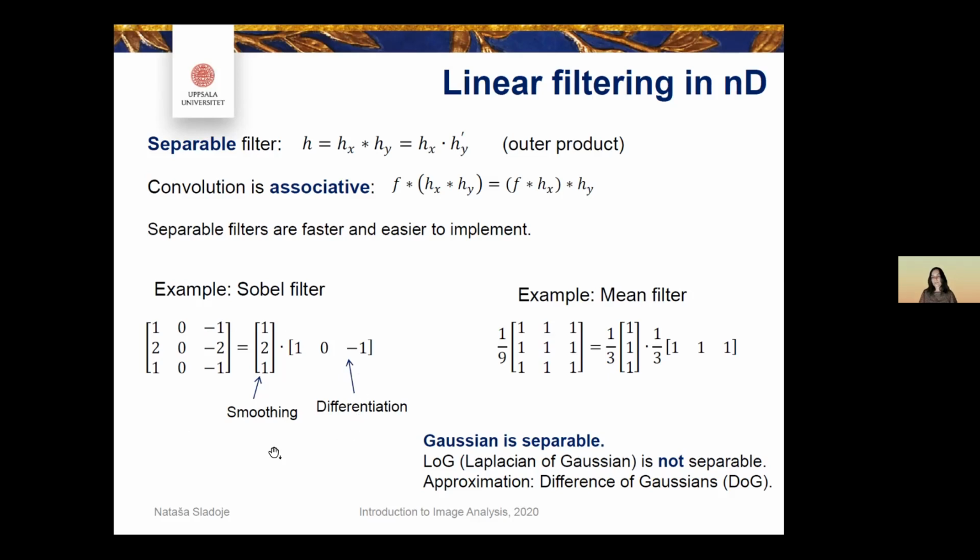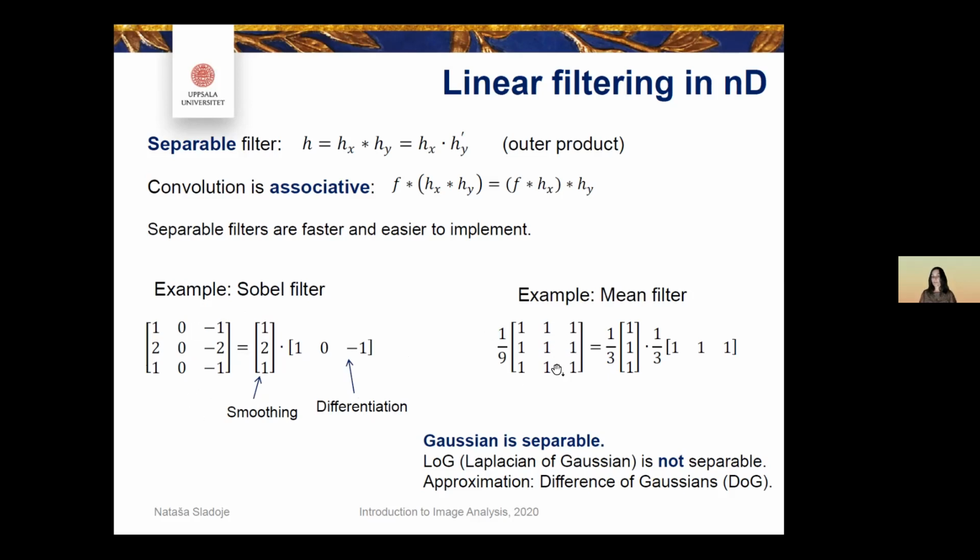It is not necessary to have an interpretation of each of the components. It can be enough to mathematically decompose this 2D matrix into an outer product of two vectors in order to use this property, but sometimes it really helps us to understand what a particular filter actually does.